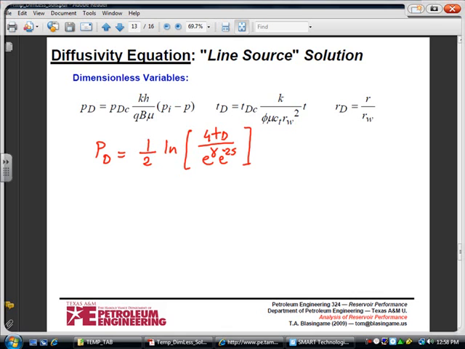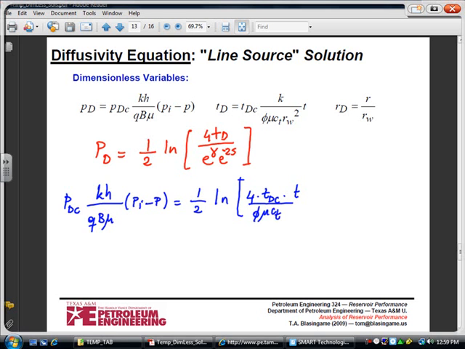Okay, so now I am going to insert the definitions of the dimensionless parameters. So the first thing will be case here.